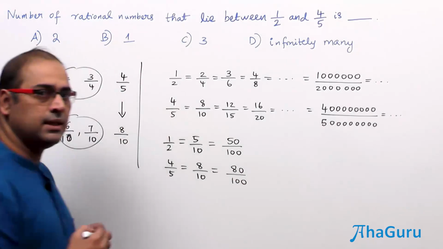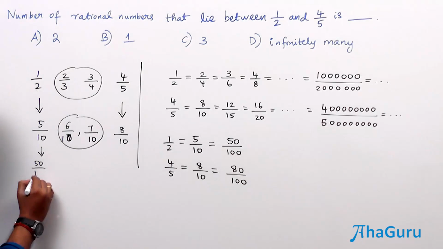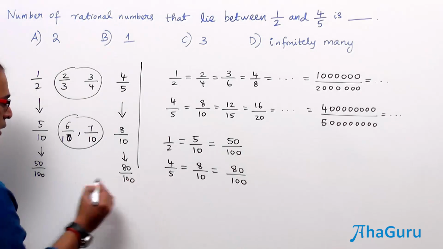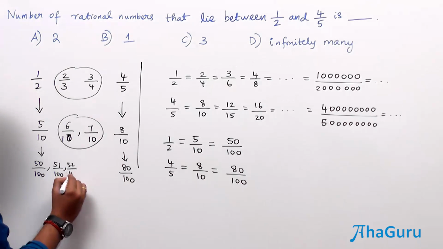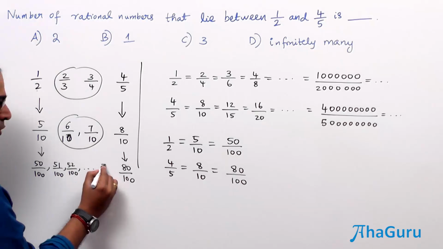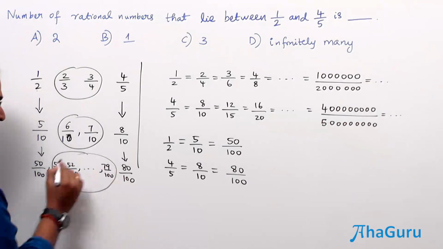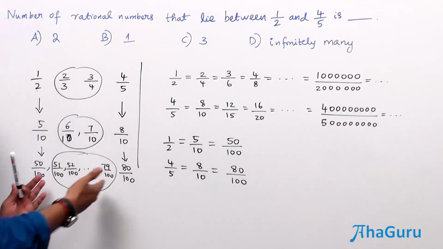Now I can see more gaps. I can put 51/100, which is definitely more than 50/100, 52/100 is also more, until I can go till 79/100, and all these rational numbers are in between 50/100 and 80/100.